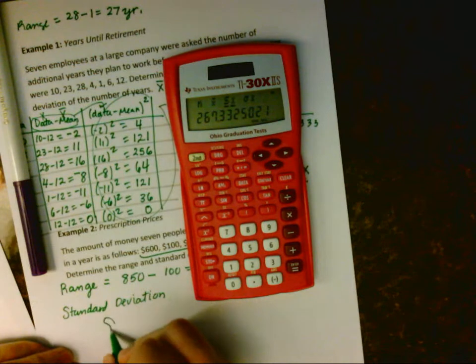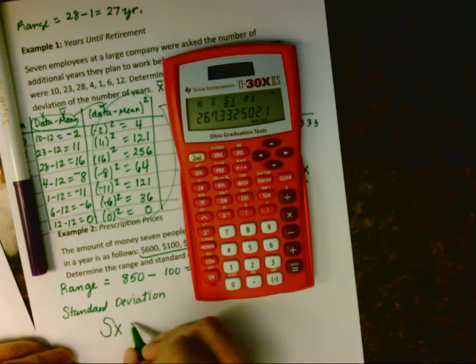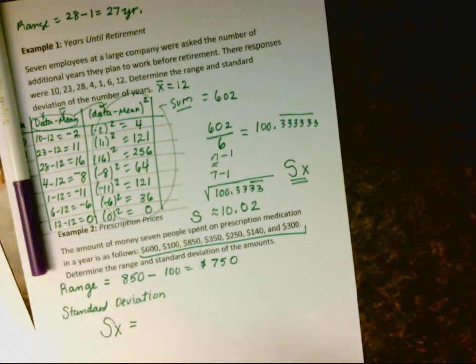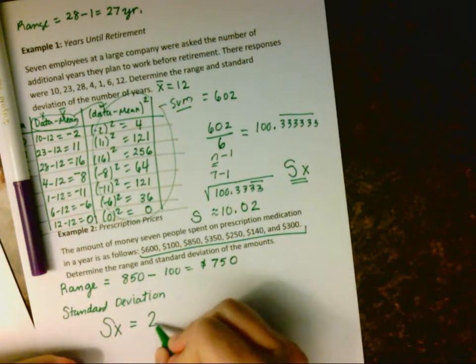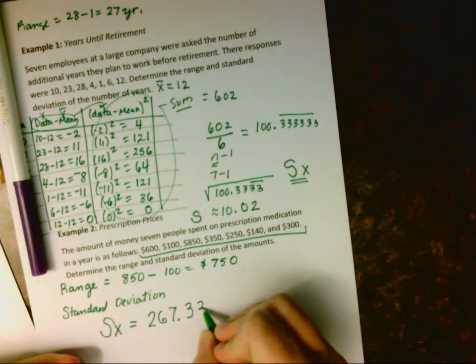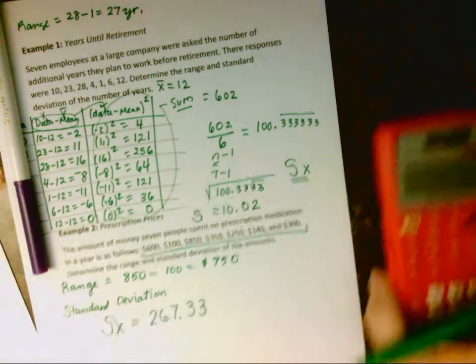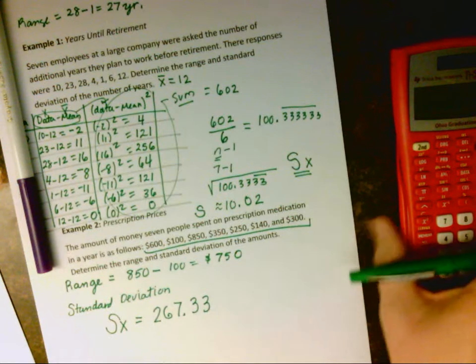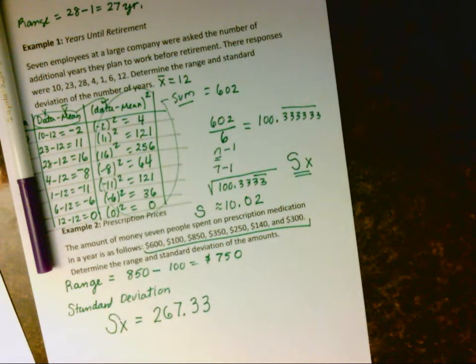The sample standard deviation, Sx, is going to be, let's round again to the nearest hundredth, 267.33. So the average of the deviations for this would be 267.33.